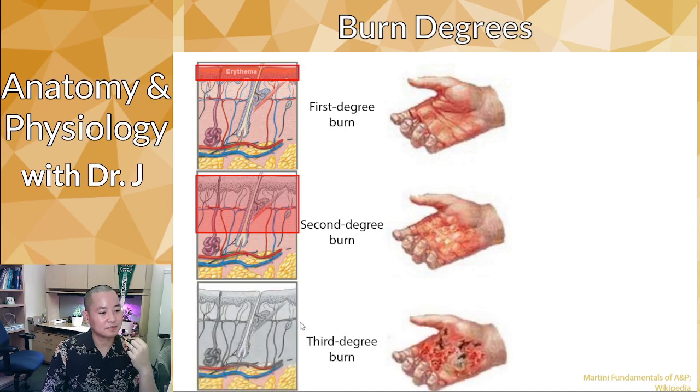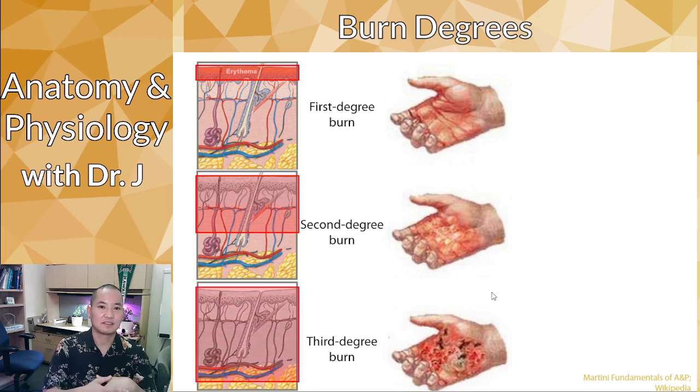And third degree burns, now this goes even deeper. It's going all the way past the dermis and now to the subcutaneous or the hypodermis. With third degree burns, this is why you see charring over here. And you might think, oh wow, you burned the most tissue, so it must be the most painful. Well, these burns are so bad that you pretty much burned off these nerves.